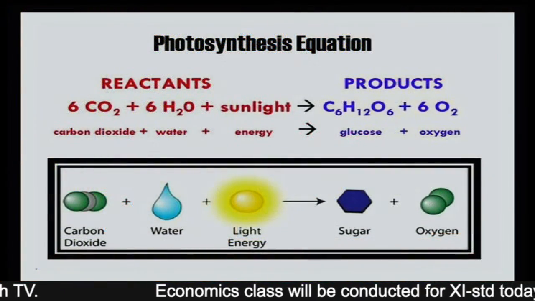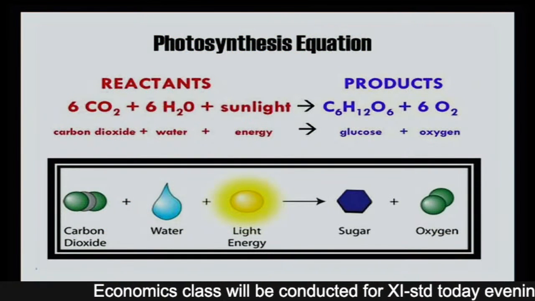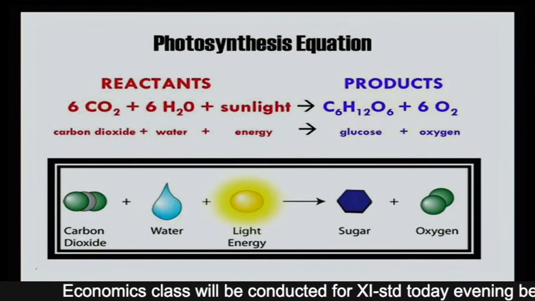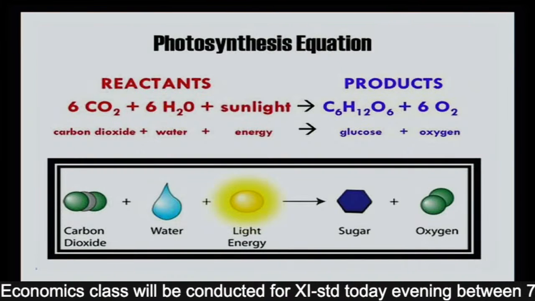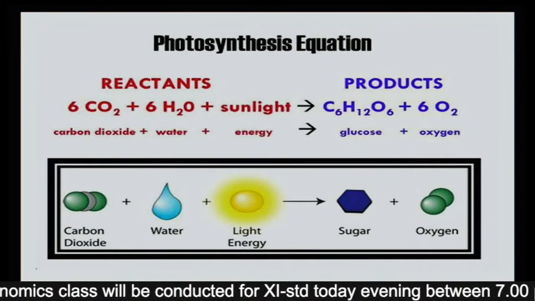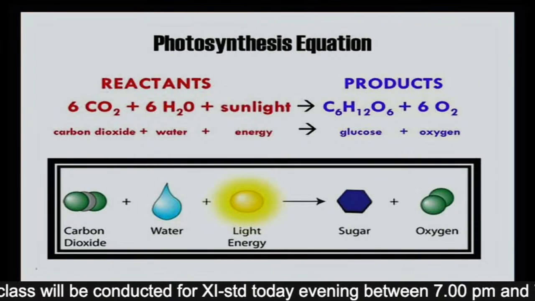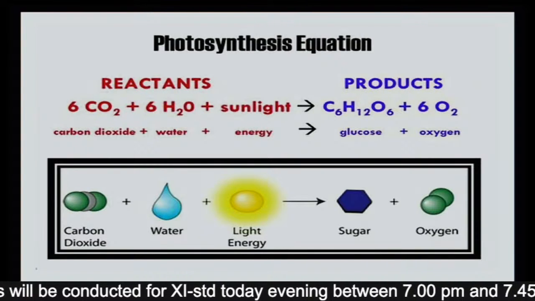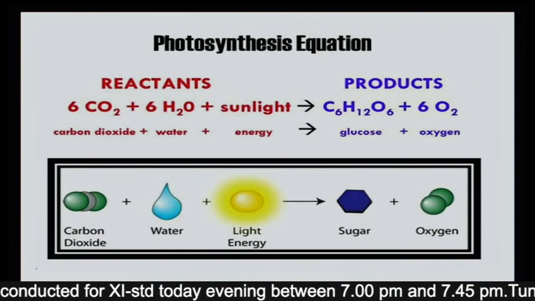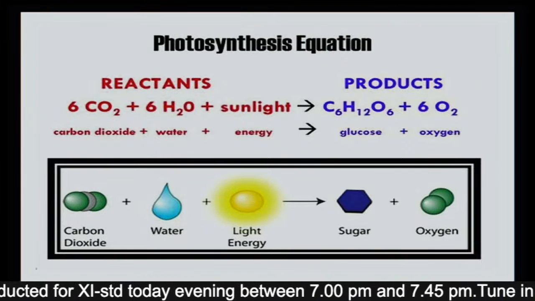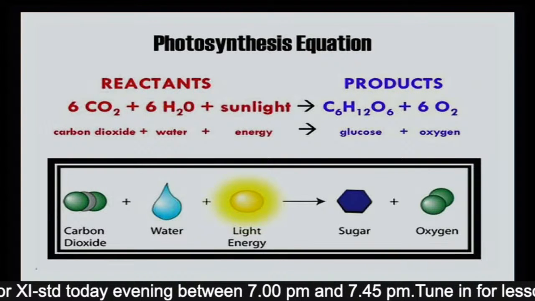And now I am going to tell you the photosynthesis equation for your clear understanding. Listen, look at the screen. The chemical formula for carbon dioxide is CO2. And what is the chemical formula for water? H2O. And sunlight. When carbon dioxide reacts with water and energy from the sun, they produce a product called glucose.